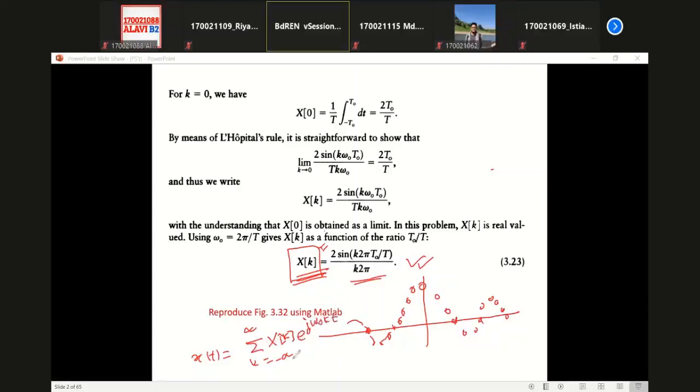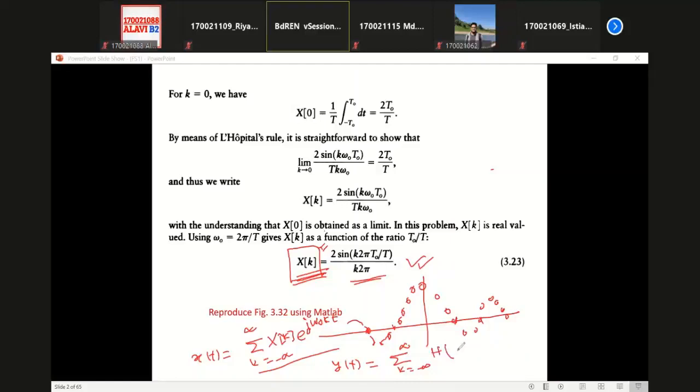This is our signal now. Then if this signal is given as the input, we will get an output. That output will also be equal to what? A sum from k equal to minus infinity to infinity. Then we will have our A's.